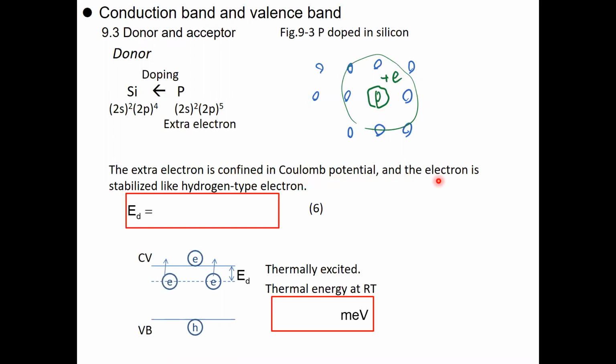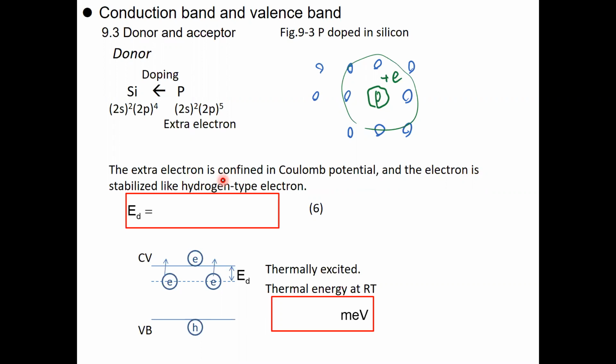confined in the Coulomb potential of the positive charge centered at phosphor, and it's like the electron in the hydrogen atom.